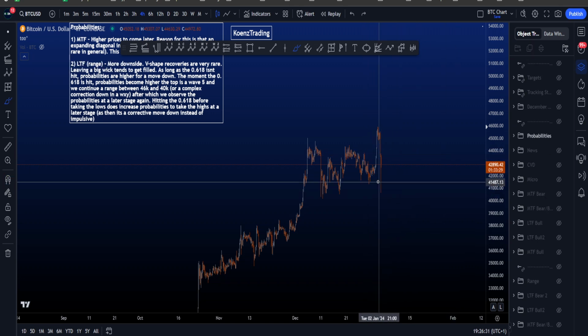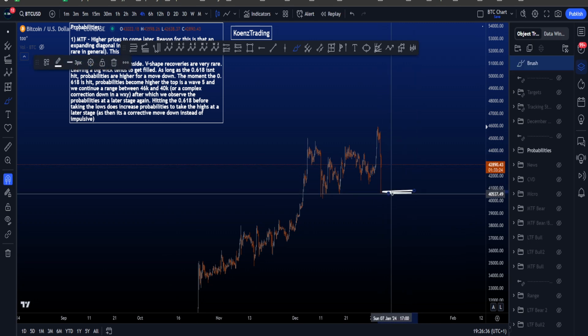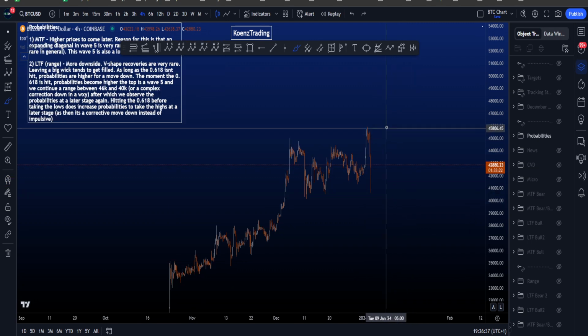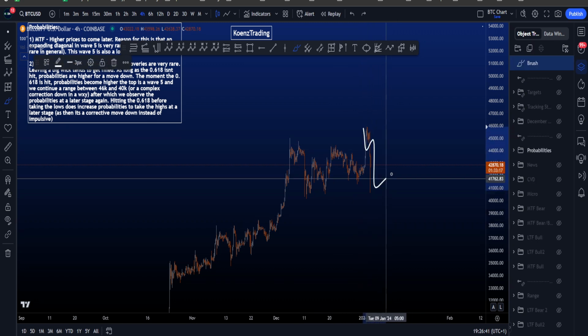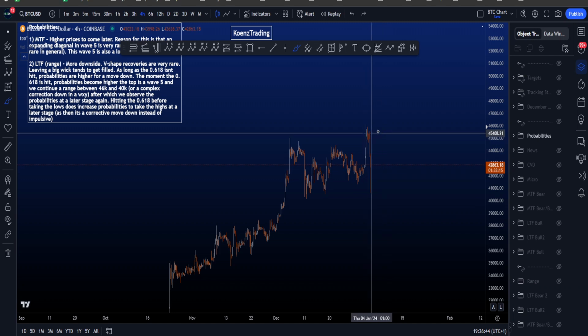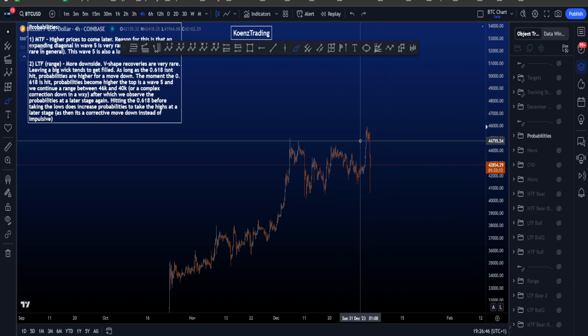We simply look for a range to form. Hitting the 0.618 before taking the lows does increase probabilities to take the highs at a later stage, because then we have a corrective move to the downside, not an impulsive move to the downside, increasing probabilities to take the highs at a later stage.